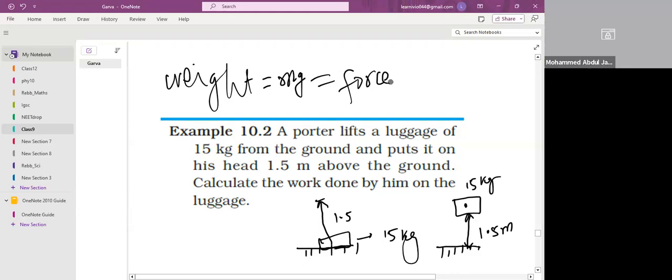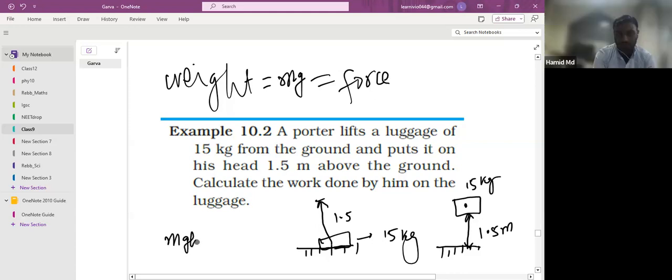Yes, this is potential energy, right? If the box is at some particular height, there must be potential energy. The weight is equal to mg.